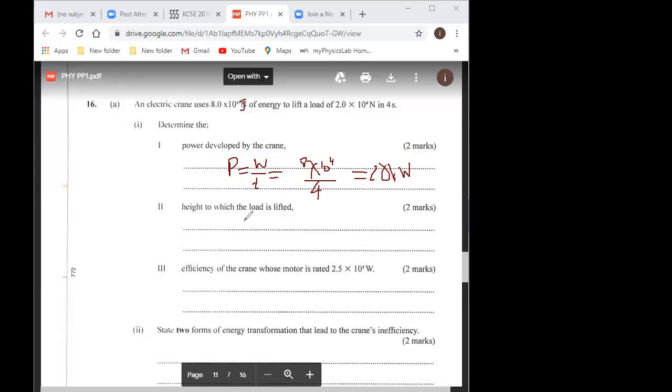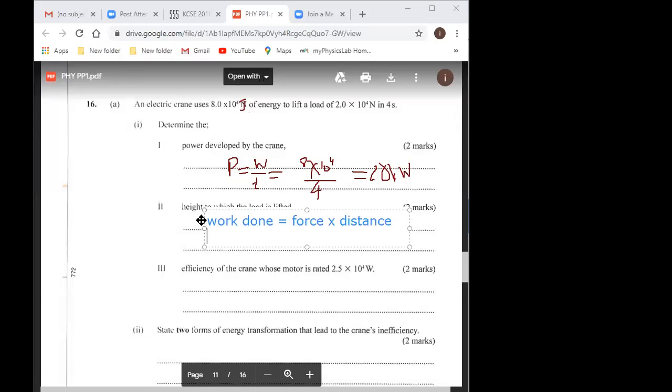Okay, let's see. The height to which the load is lifted. We know work done, because we want to get height, work done is equal to force multiplied by the distance.